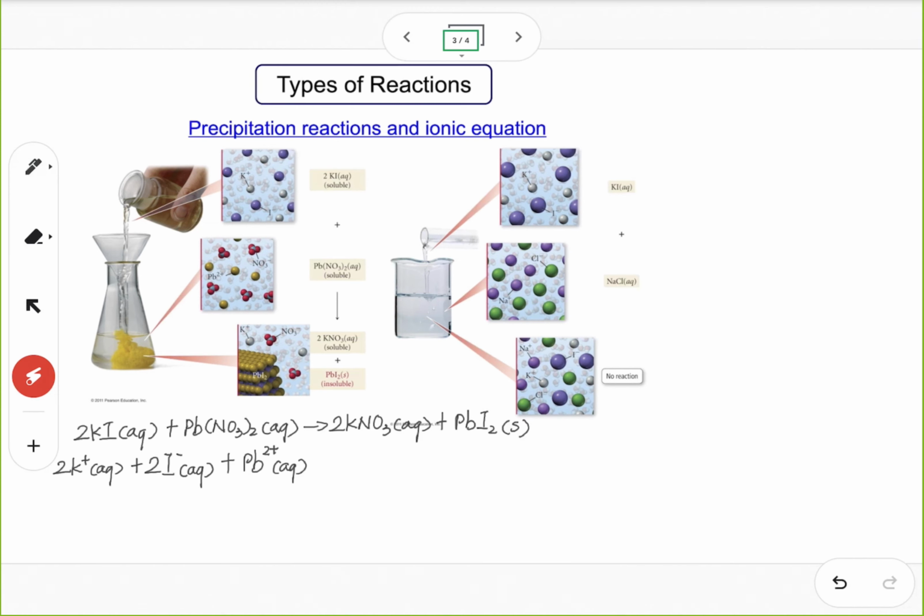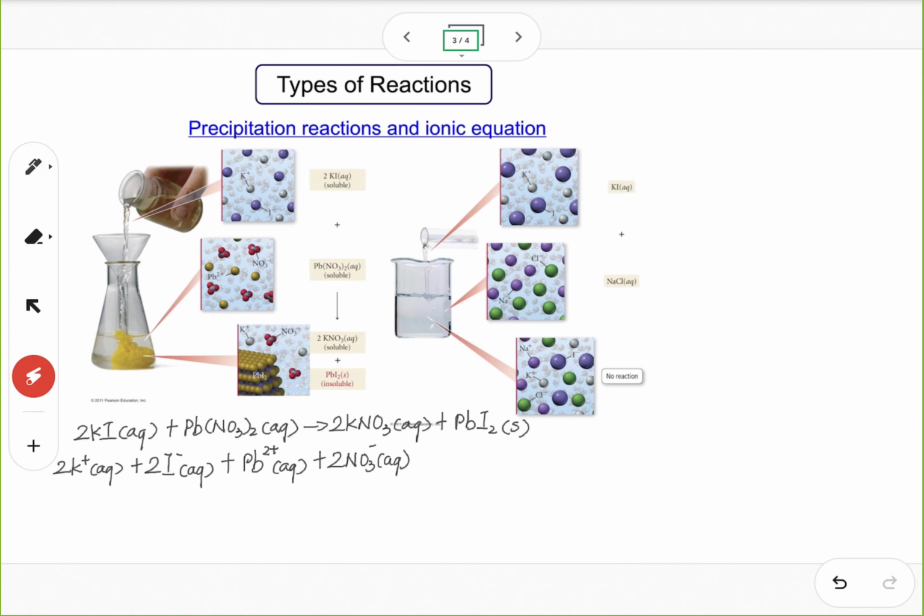All right. Now plus 2 nitrate, aq. Remember the 2 comes from the 2 here. Now these are the 4 ions dissociated from the 2 reactants.